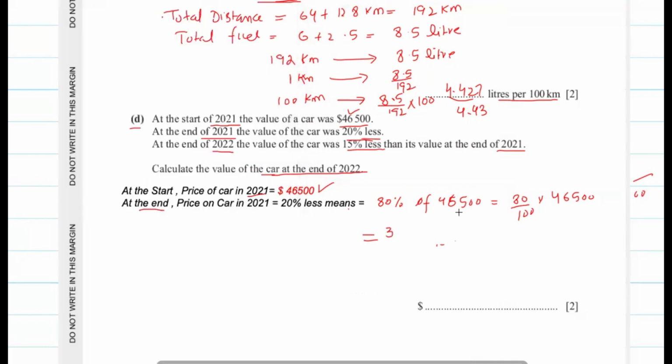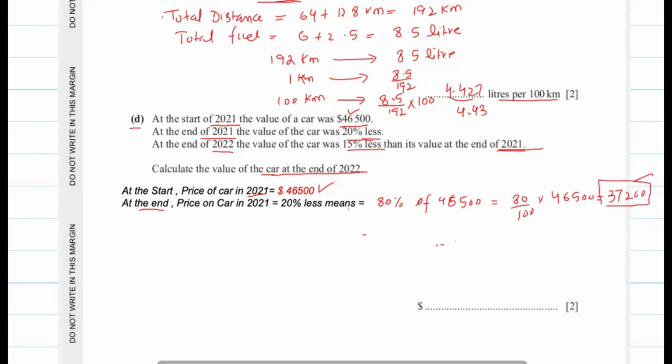We can write this value is equal to 37,200. Next, the value of the car at the end of 2022 was 15% less than the value of the car in 2021. Look here, the value of the car at the end of 2021 is 37,200.